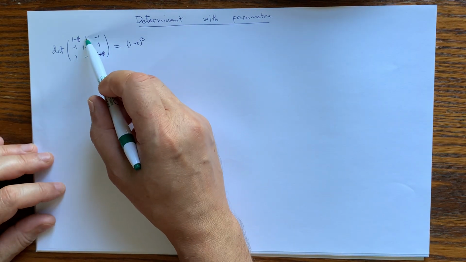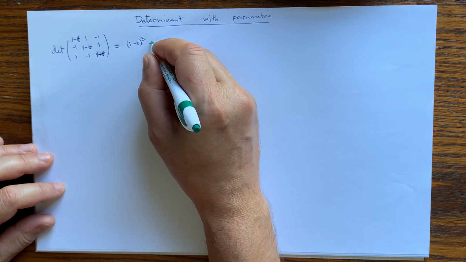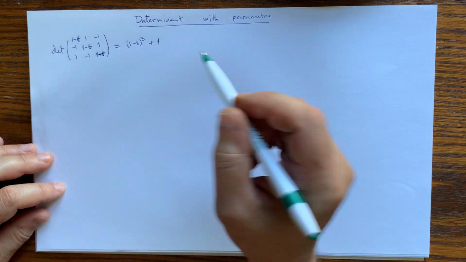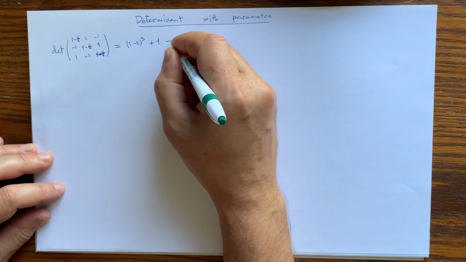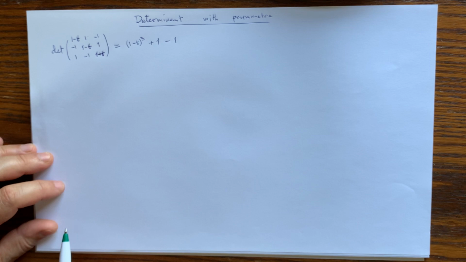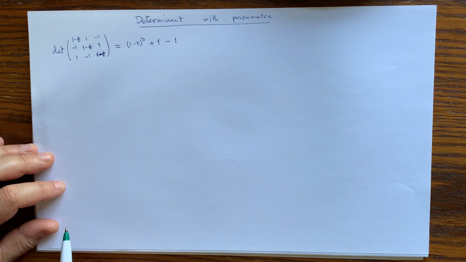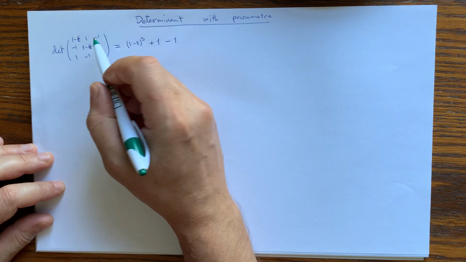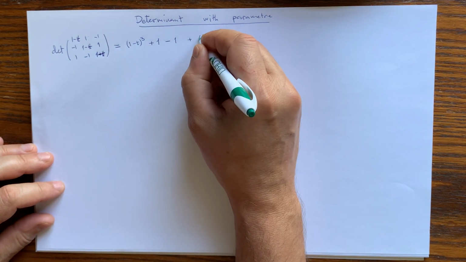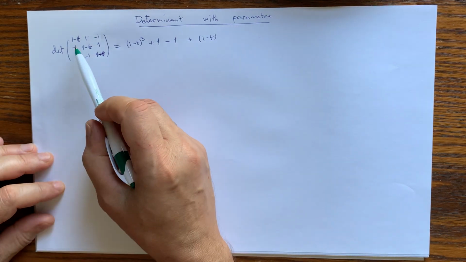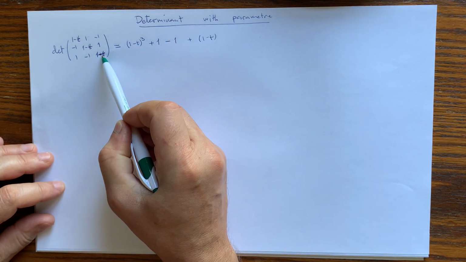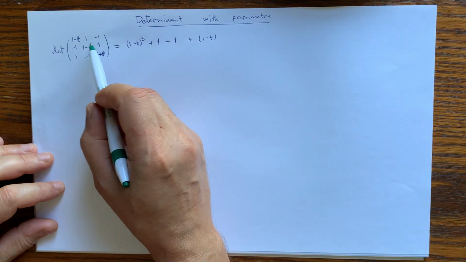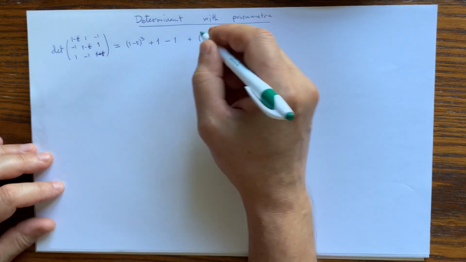It will be the product of these 3 copies of 1 coming with sign plus, and there will be the product of these 3 negative ones, and that will be negative 1. And that is always a positive sign, and the rest have negative sign, and that will be this product. Well, because one of the factors is negative 1, I could just write it as 1 minus t. And then it will be the product of these 3 terms, and again I have the same answer, so I have it twice. And finally the product of these 3 terms, which is the same product.